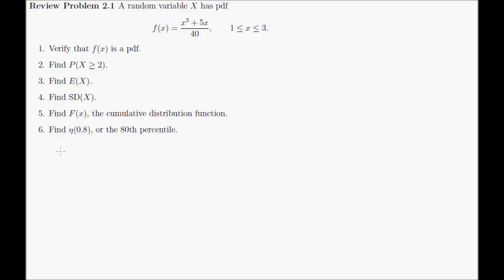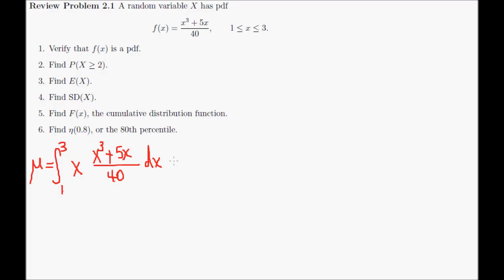So the way that we find expected values when I have a continuous random variable is that I integrate over the entire range from 1 to 3, but I take x times the density function x cubed plus 5x over 40 dx. And this will be the expected value of x, which is also symbolically denoted by the Greek letter mu.